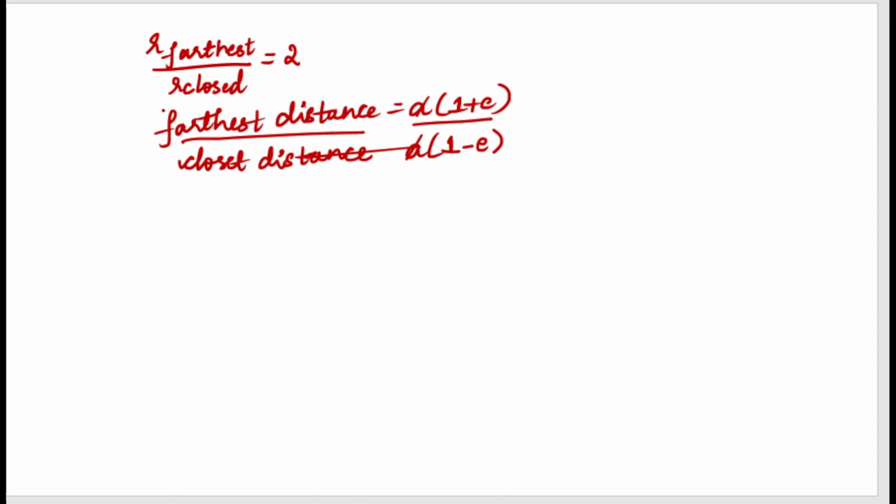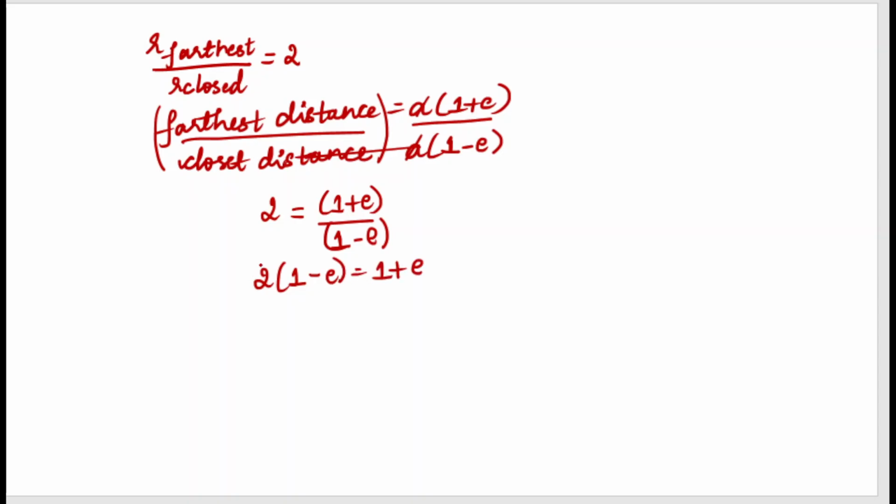What is remaining from the question? We have farthest distance divided by closest distance equal to 2, which is equal to 1 plus e divided by 1 minus e. Now cross multiply the terms, where e represents the eccentricity: 2 into 1 minus e equals 1 plus e. Taking 2 inside the bracket, 2 minus 2e equals 1 plus e.